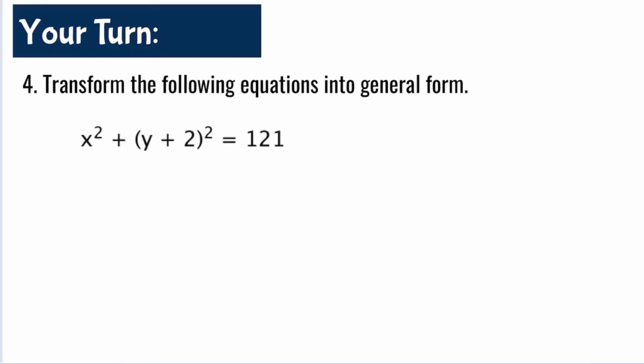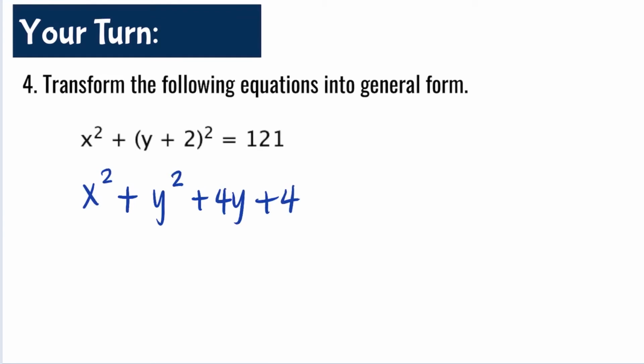Question number 4. x² + (y + 2)² = 121. So let's begin with writing down the x². And now we need to square y + 2. Square the first term y, so we have y². Multiply y and 2 and then double. That's plus 4y. Square the second term 2, that's 4.